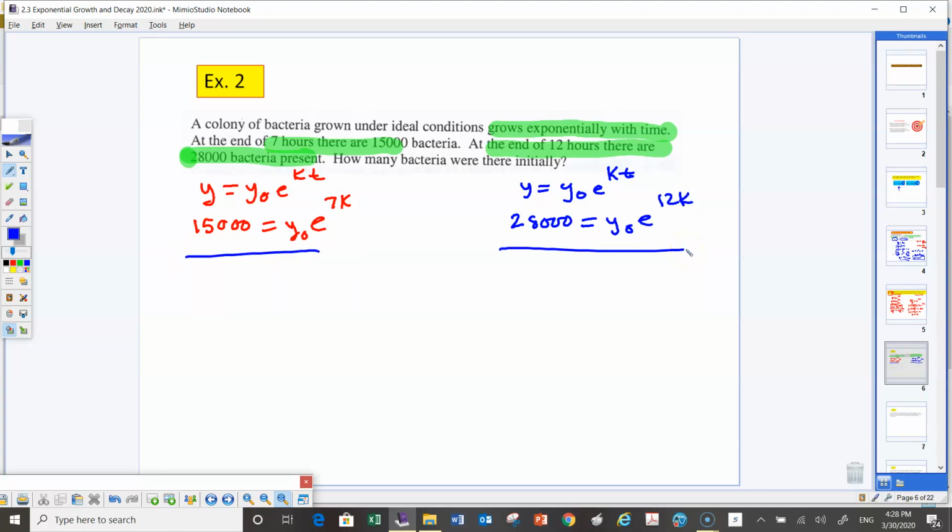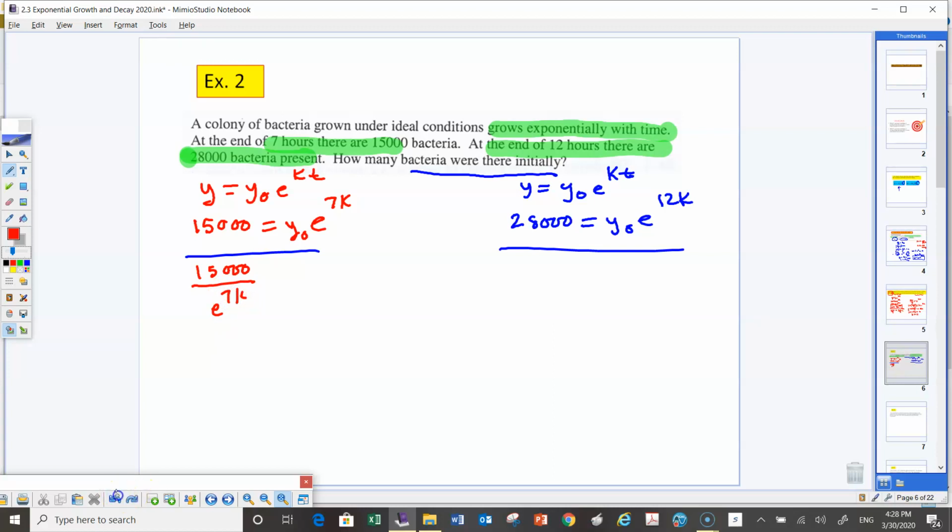So therefore, we can solve for our unknowns. And our goal is at the end to figure out how many there were initially, which is our y subscript o, our initial amount. So in each of these equations, the easiest term to isolate would be y subscript o. So I'm going to divide the 15,000 by e to the 7k.